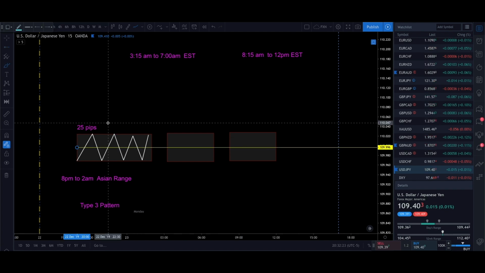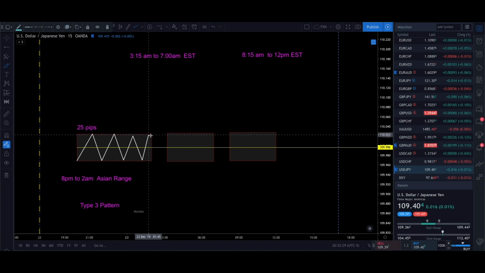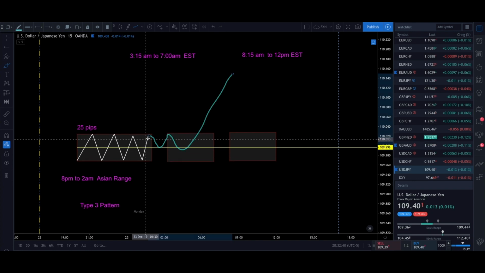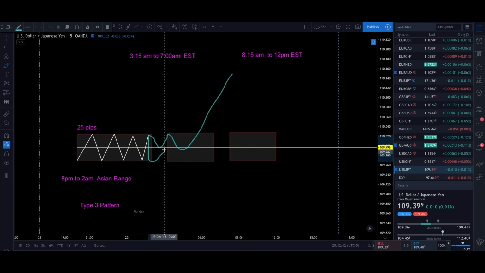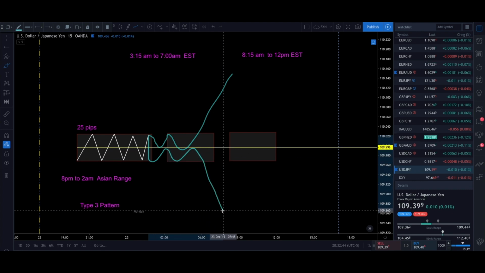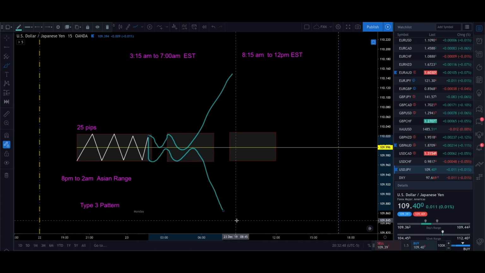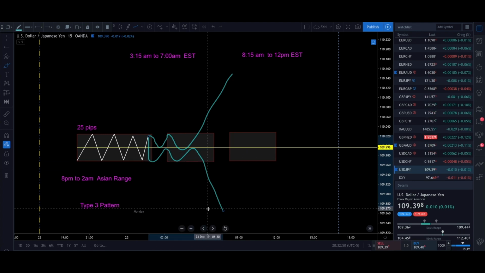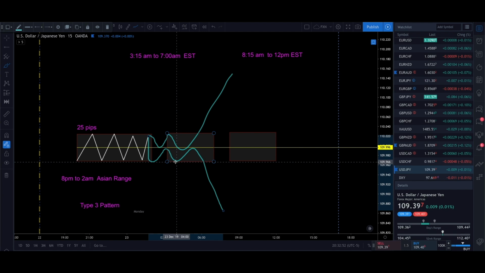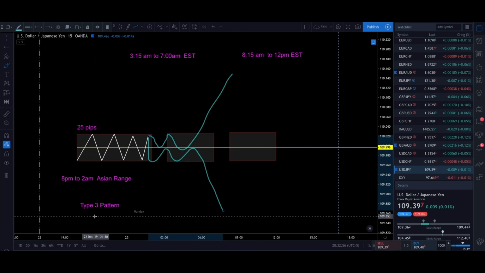Basically, price comes down, gets stuck, and then it goes up. Or price will come down. It'll basically make a W going up or an M going down. But the key component is that it gets stuck in the middle of the range.